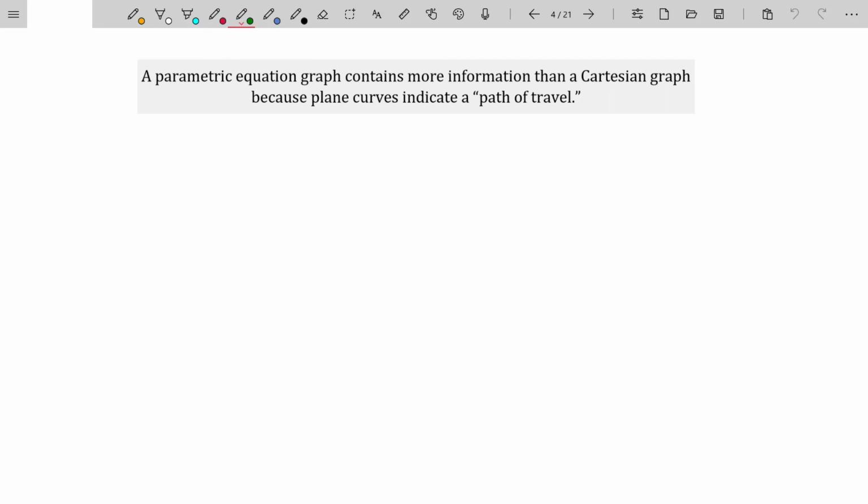This is very, very important as you move forward, because you're going to get curves that look like this, which do not represent functions, right? You can look at this and say, that's not a function of x or y, because it doesn't pass the vertical line test, nor does it pass the horizontal line test. However, this is a function in terms of parametric curves.